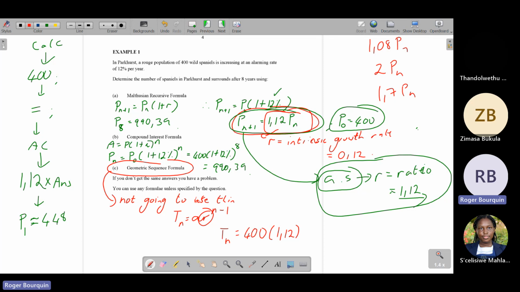Our starting point is T1, right? The first thing always used was term 1 as your starting point. So if we want to get after 8 years, what's n going to be? It's 9, so it's going to be to the 9 minus 1, because if 8 years have passed from 1, 1 plus 8 is 9.